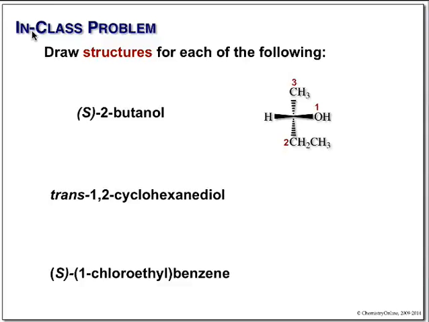Our lowest priority group, the hydrogen, is facing forward. So, as we look at our order here, we're going 1, 2, 3, so that's that way. That's clockwise, isn't it? Clockwise is R, but only if the lowest priority is facing back. So clockwise, with the lowest priority facing forward, is in fact S.